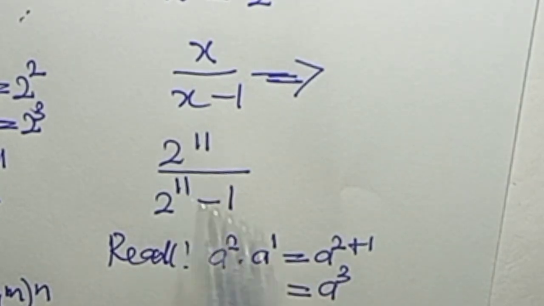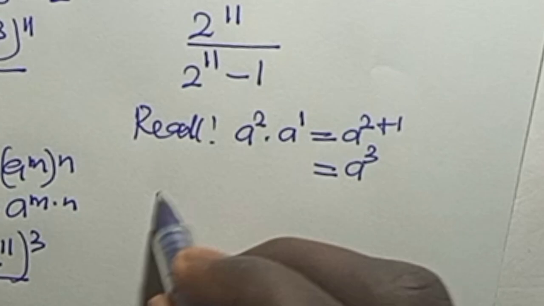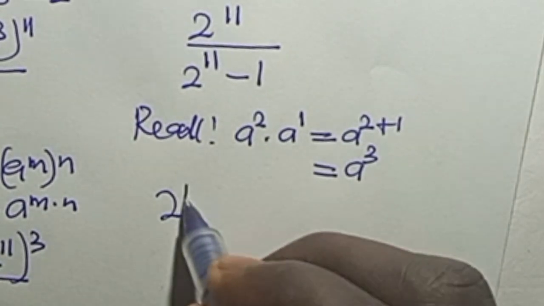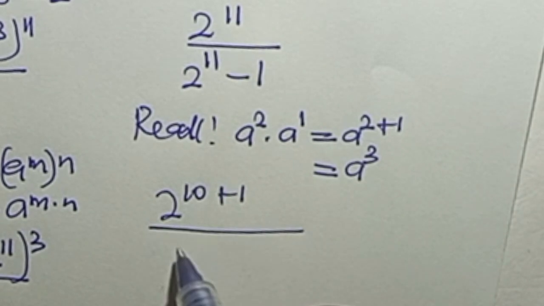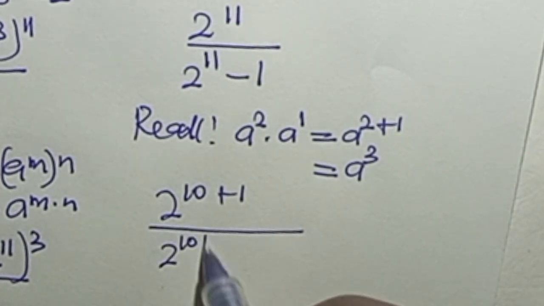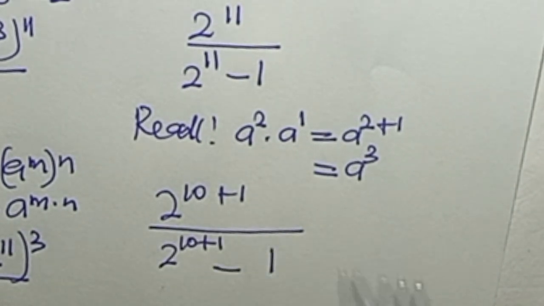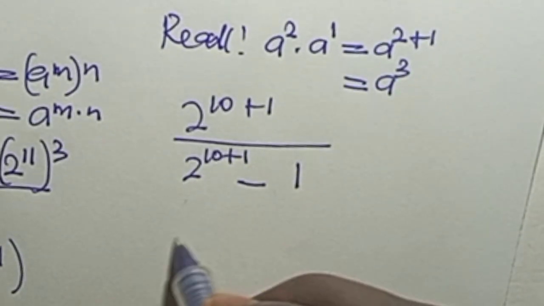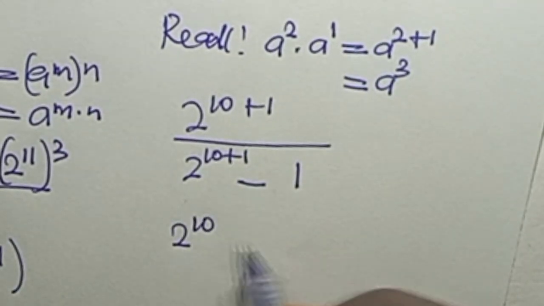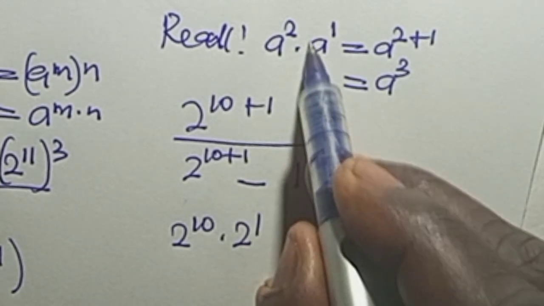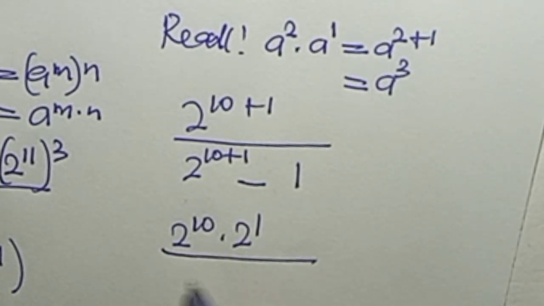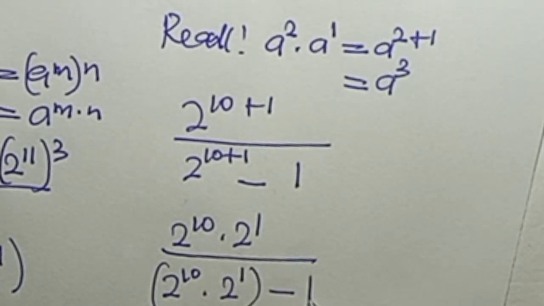So we can rewrite this as 2^(10+1) all over 2^(10+1) - 1. This is 2^10 times 2^1, over 2^10 times 2^1 - 1.